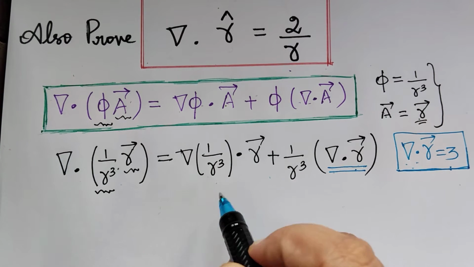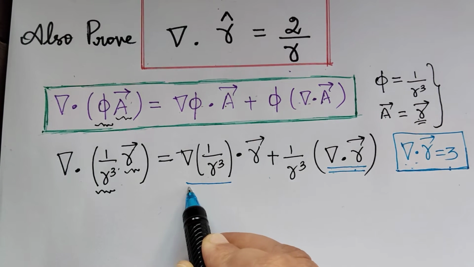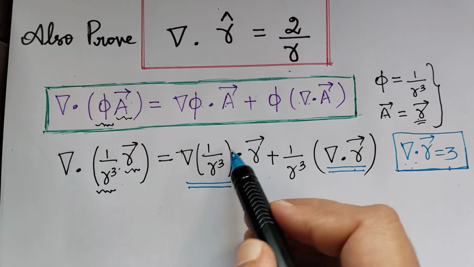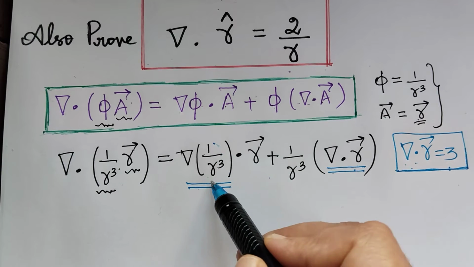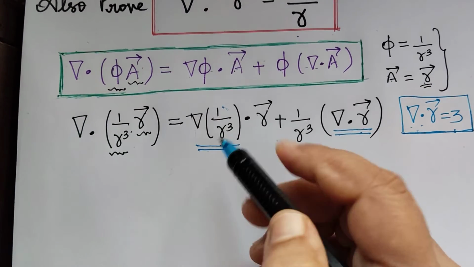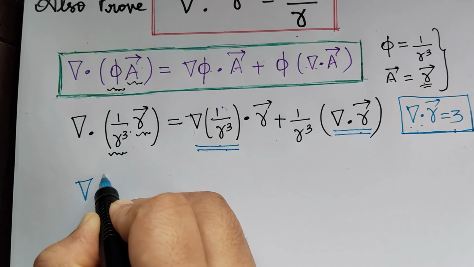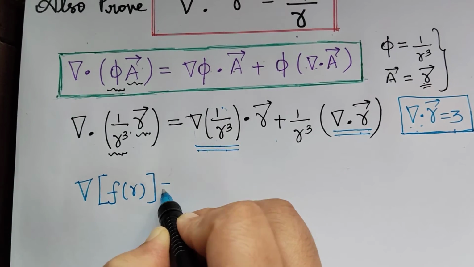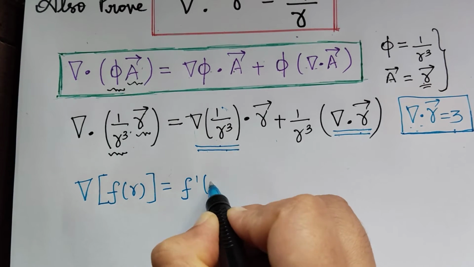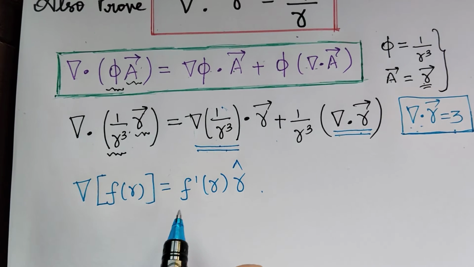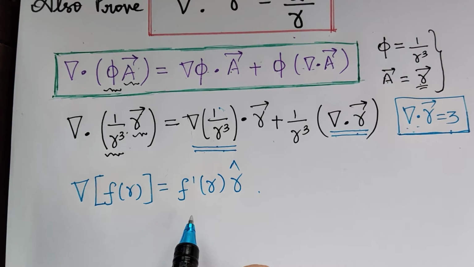Now, what about this? Here also we are going to make use of a formula that we have previously learnt because it is a function of r. Whenever you have nabla of a function of r, that is nabla f of r, it is equal to f dash of r multiplied with r cap. This result also we have already derived.